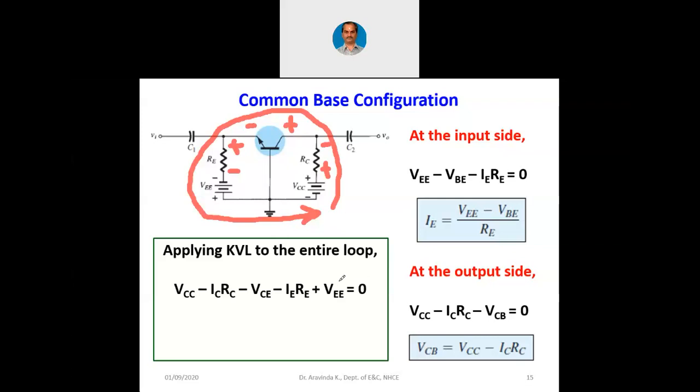When there are multiple voltage sources, the convention remains the same. When we apply the direction of the loop, always minus to plus is taken as positive and plus to minus is taken as negative. If you remember that, that is sufficient. Now let me proceed.